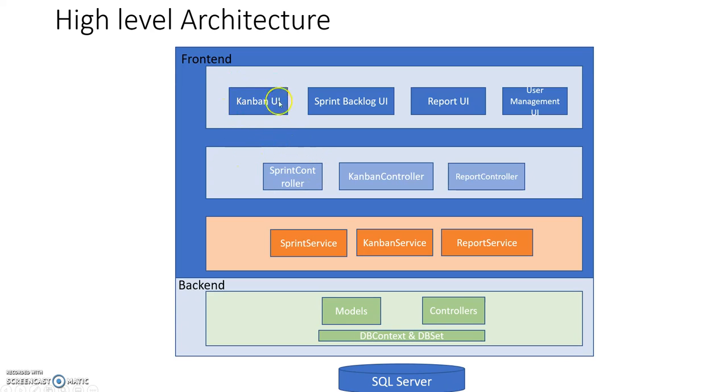The UI is an HTML representation, and it gets the data from the respective controllers and displays it in the manner we designed. This is the high-level architecture and how the technologies are used to interpret the result.